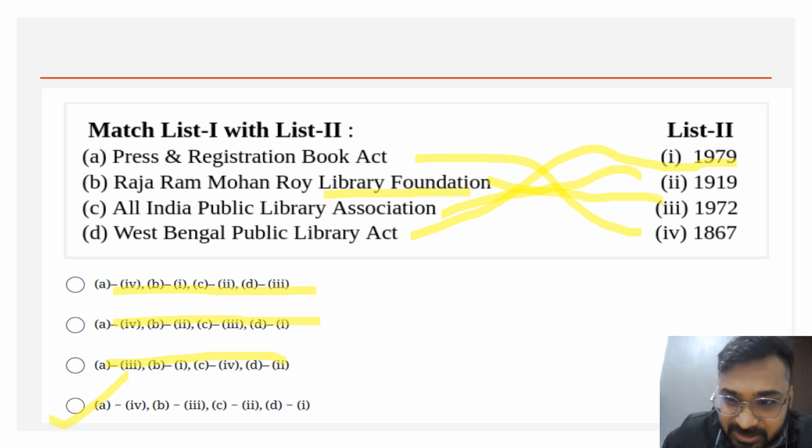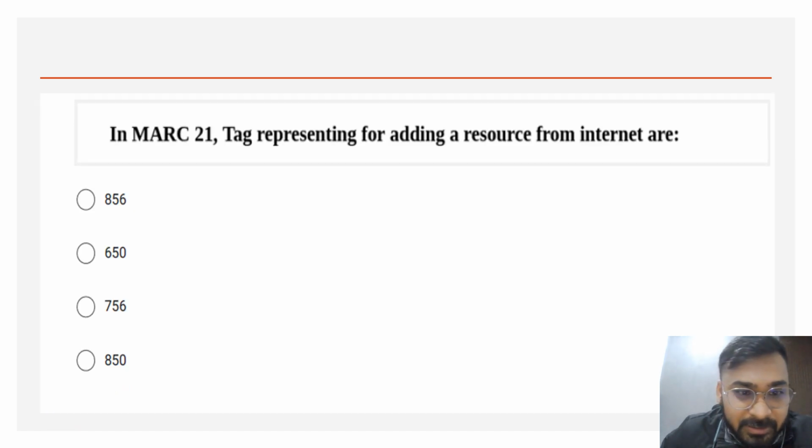It is in 1919 during Lord Curzon's time. And D1, it is the West Bengal Library Act, 1979.